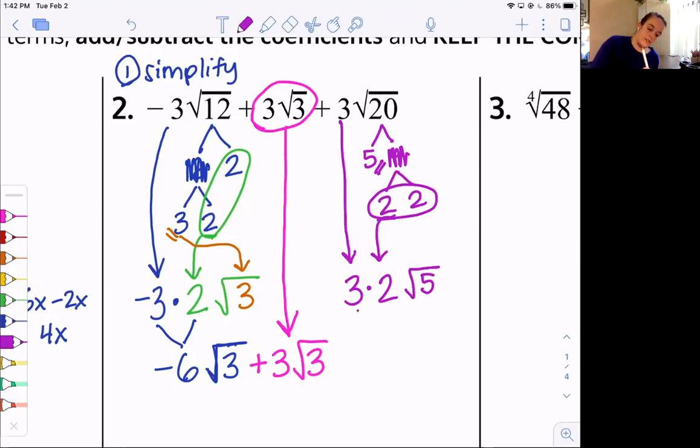So I have 3 times 2 would be 6 square root 5. Is this 6 positive or negative? Positive, yeah, positive. So I'm going to put a plus sign right here. Right, I know that it's positive because I have this plus sign up here. Definitely.